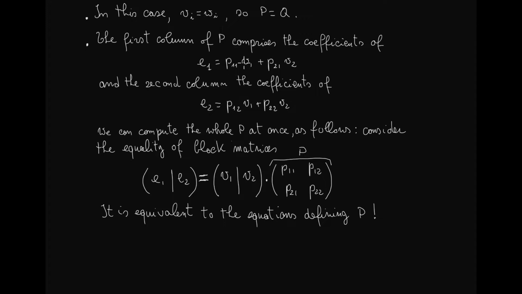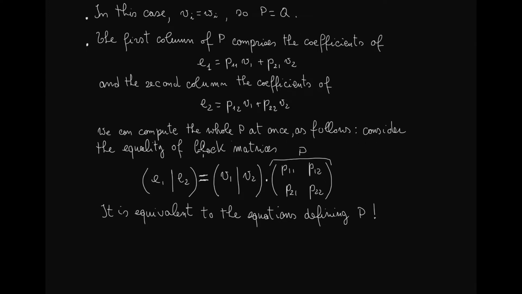P11 is the first coefficient and P21 is the second coefficient of this linear combination. And the second column, the coefficients of the expression of the second vector of the new basis in function always of the old basis. We can compute the whole P at once as follows.